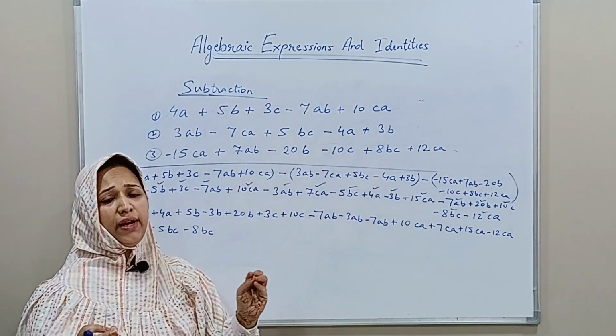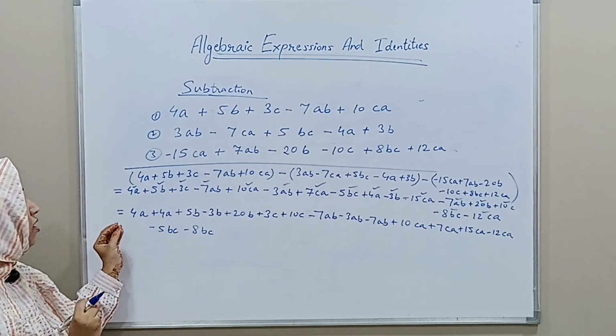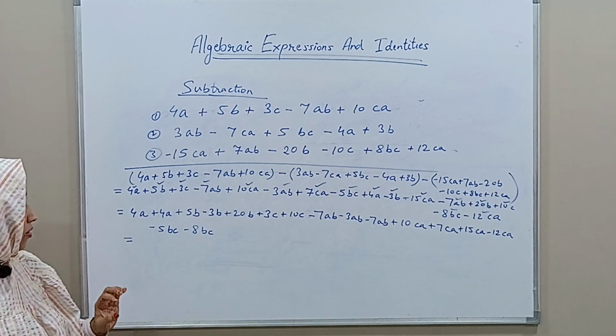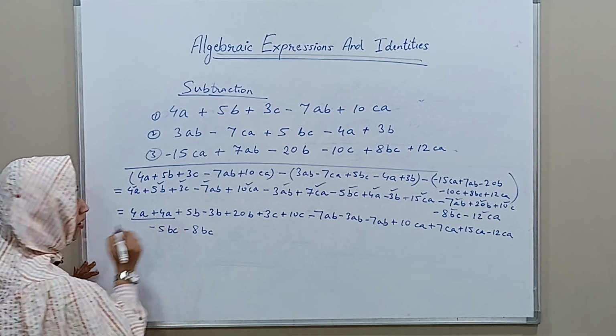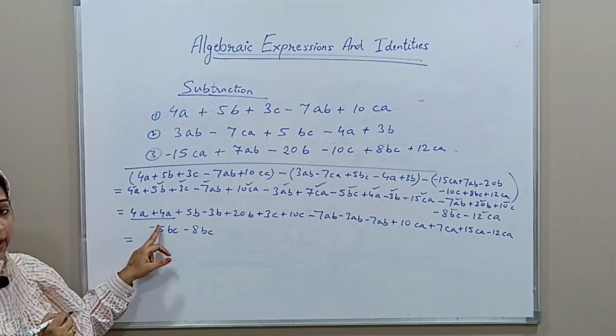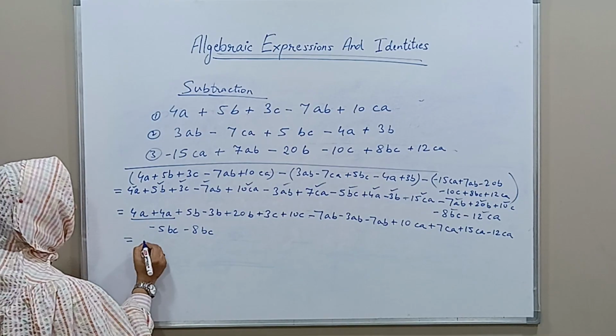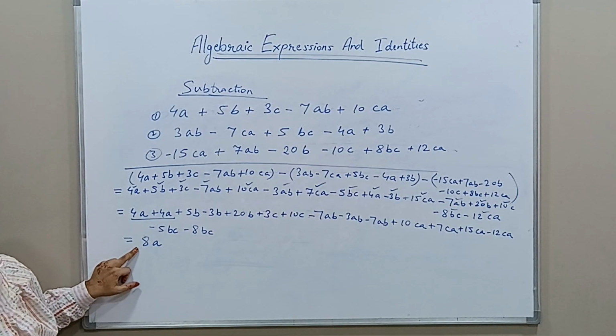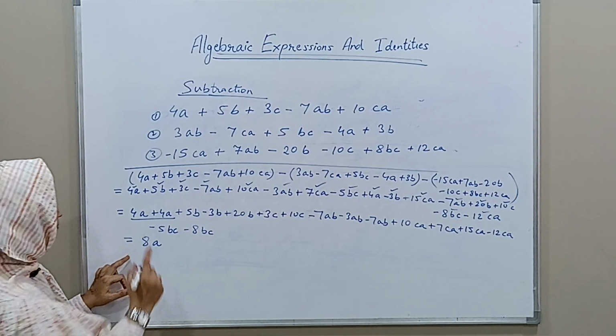Now you just have to add and subtract depending upon the sign of the terms, applying the rules of the integers. So 4a are like terms, plus sign for both, so add them. 4 plus 4 is 8, plus 8a. If you are not putting any sign, by default it is plus.